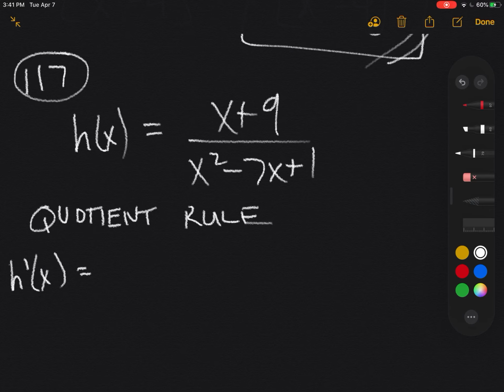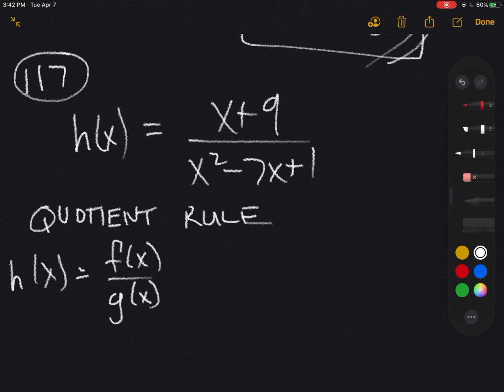So the quotient rule says that h prime of x is equal to, oh, sorry, I forgot to say what h of x is to begin with.